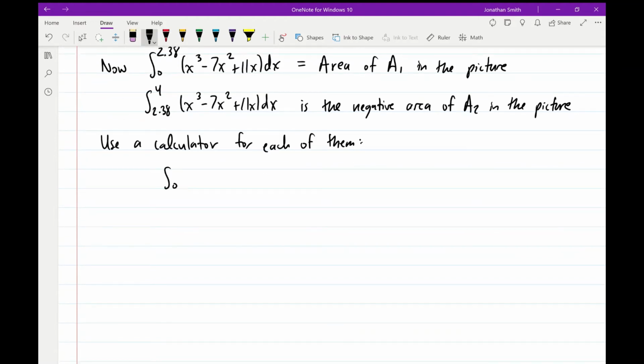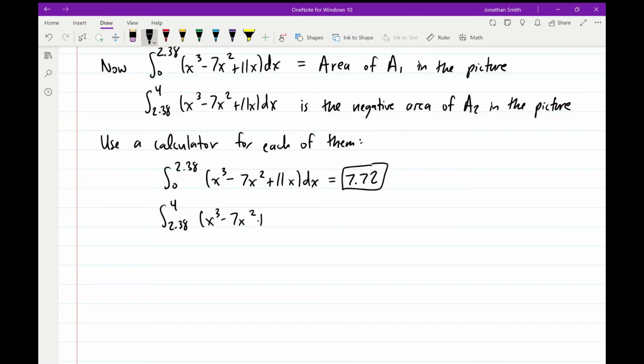Take the integral from 0 to 2.38 of x cubed minus 7x squared plus 11x dx, and this is going to give you a 7.72. The integral from 2.38 to 4 of x cubed minus 7x squared plus 11x dx is going to give you a minus 5.05. So that's a good sign because we were expecting that value to be negative.